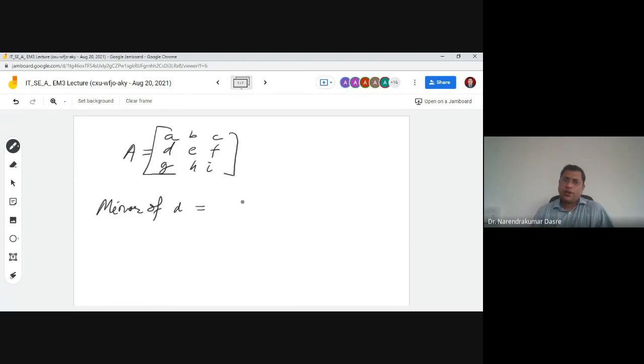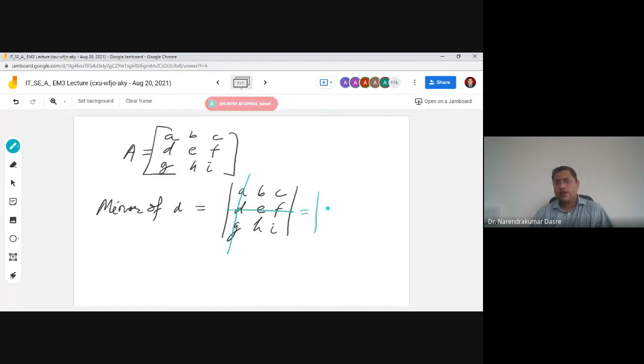So what we have to do is find the determinant of A: A, B, C, D, E, F, and G, H, I. And now I want the minor of D. So I just have to omit the column of D and the row of D. What will be the minor for D?